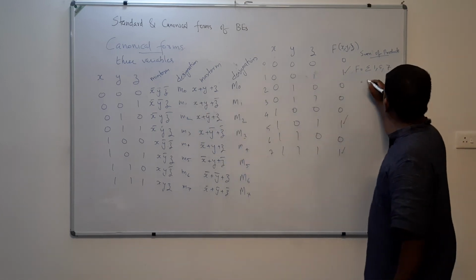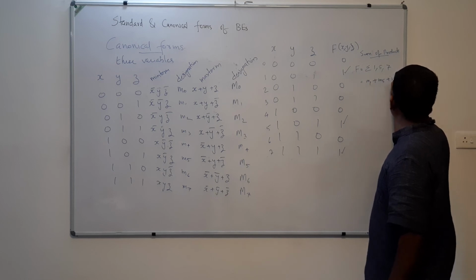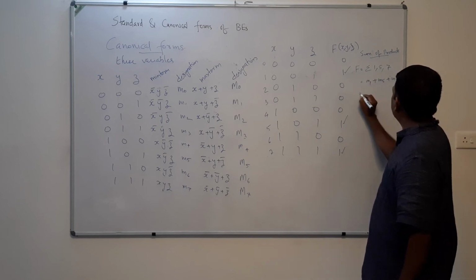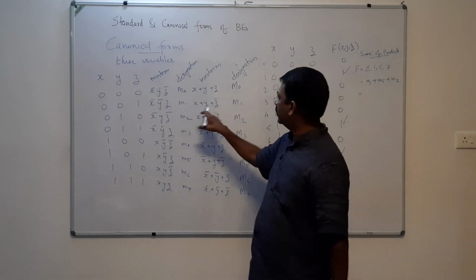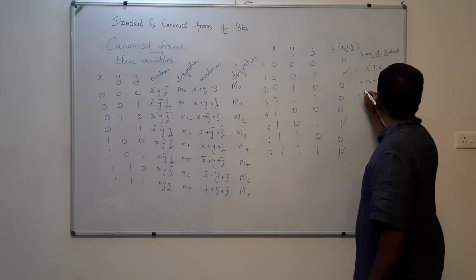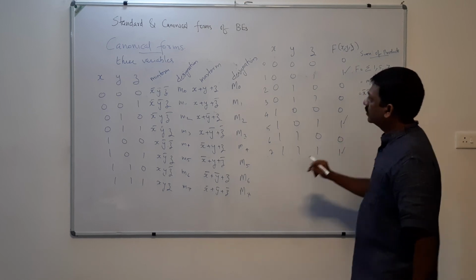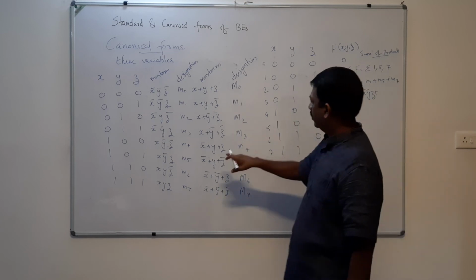That means m1 plus m5 plus m7. M1 is x bar, y bar, z, plus what is m5?